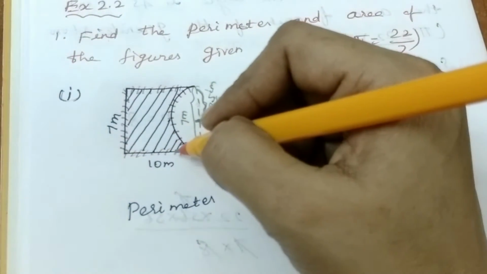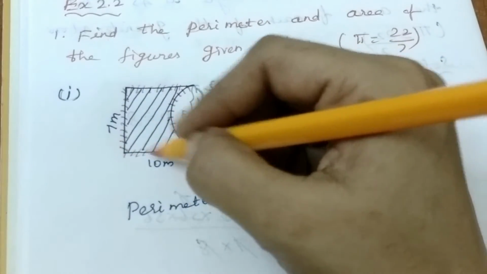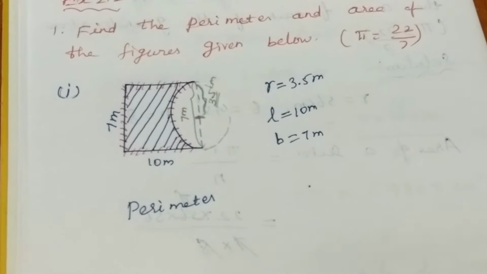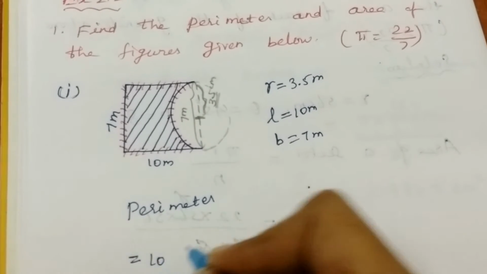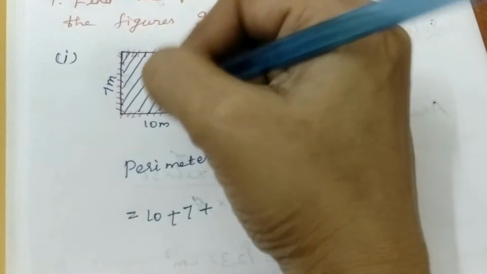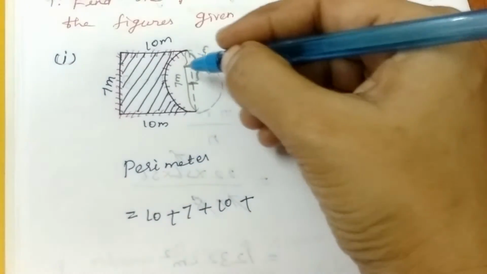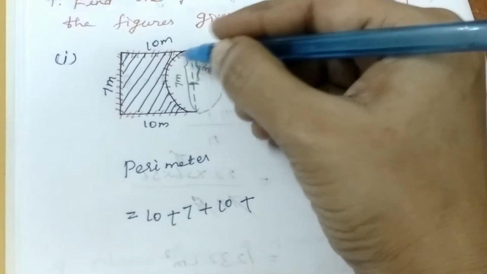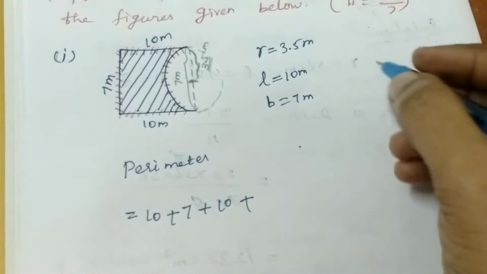So we have to add all the four sides. First three sides: 10 plus 7 plus again we are having 10 here. So 10 plus 7 plus 10, and this is our semicircle arc. What is the perimeter of the semicircle?